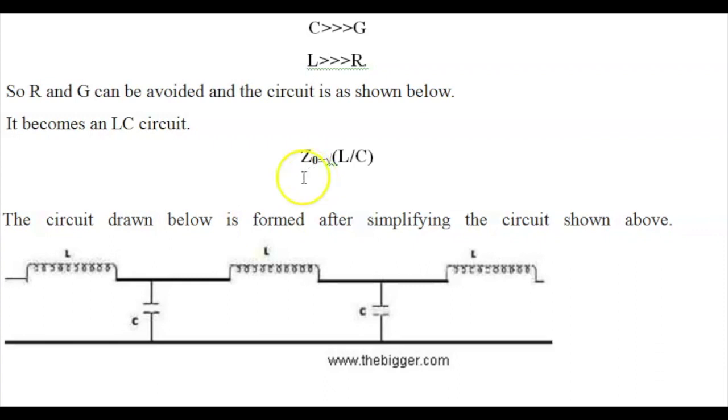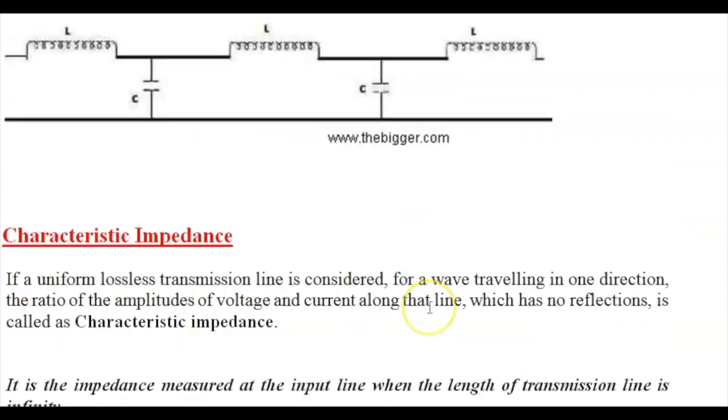We can see it later. Now, when we are taking into account this L and C alone, the above equivalent circuit becomes simplified and can be redrawn in such a way that it becomes an LC circuit. Okay.